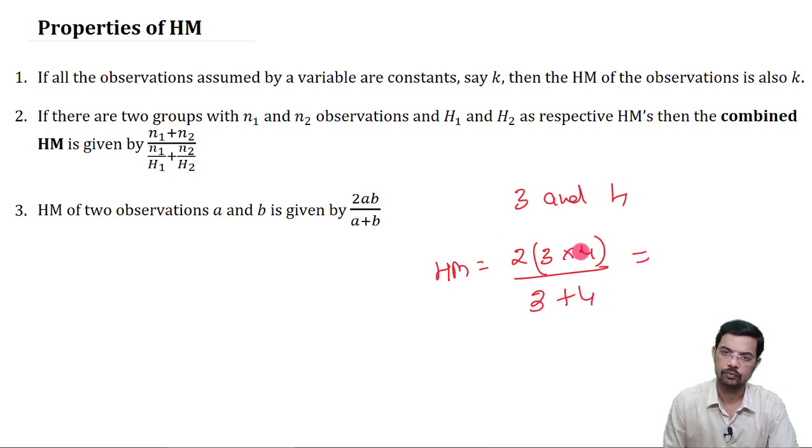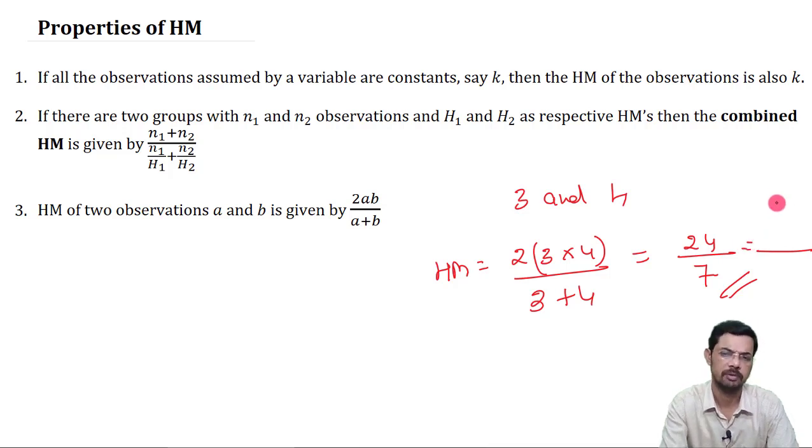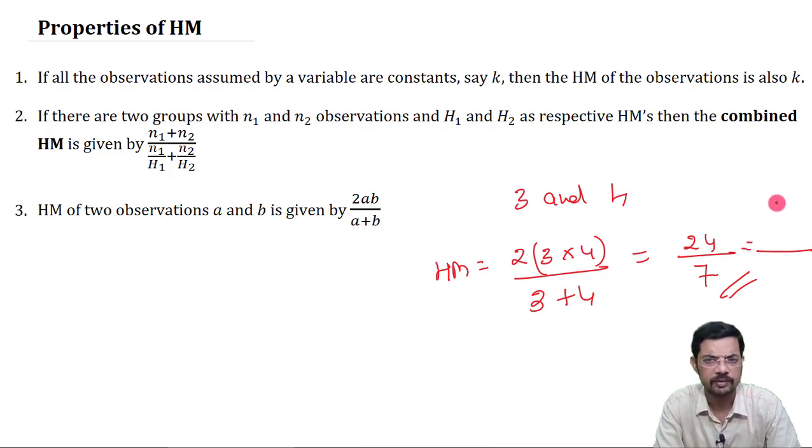So 4 3s are 12, 12 2s are 24, divided by 7. So 24 by 7, or whatever decimal value it comes to, is the harmonic mean of 3 and 4.